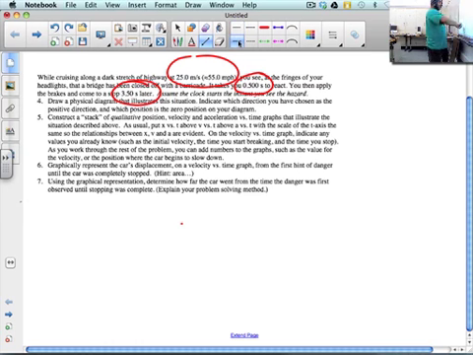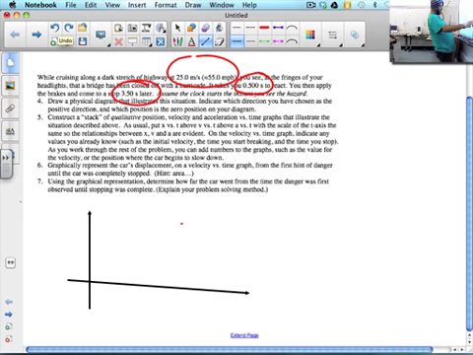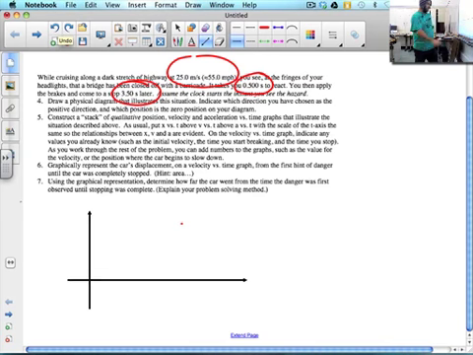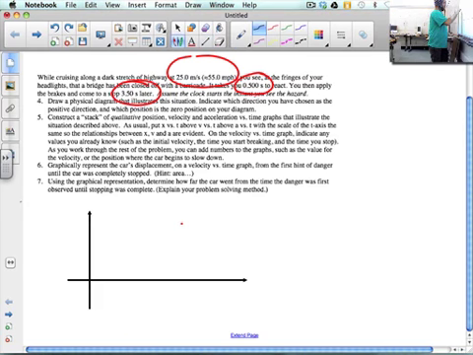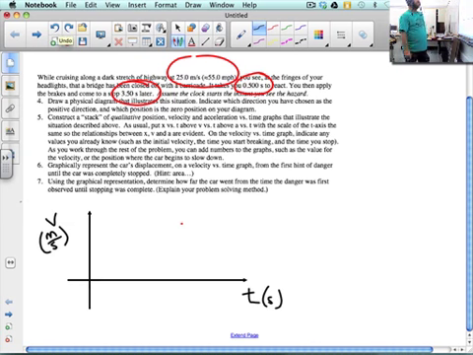Let's go for a velocity time graph. So this is velocity, and looks like my units are going to be meters per second. Time is going to be measured in seconds. And let's see, you're cruising along a dark stretch of highway, and it looks like your speed is 25 meters a second.